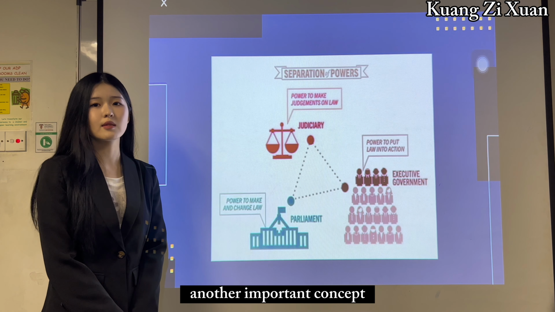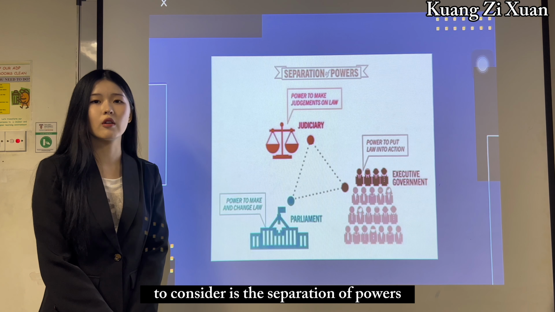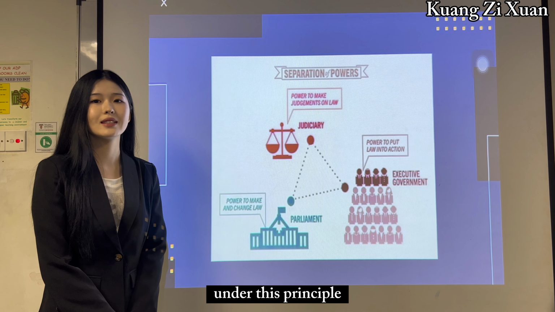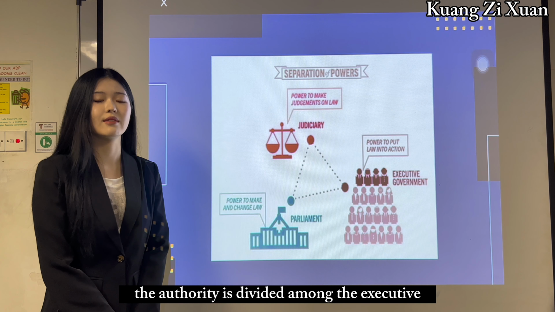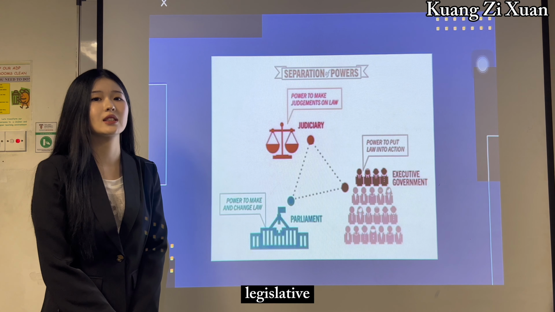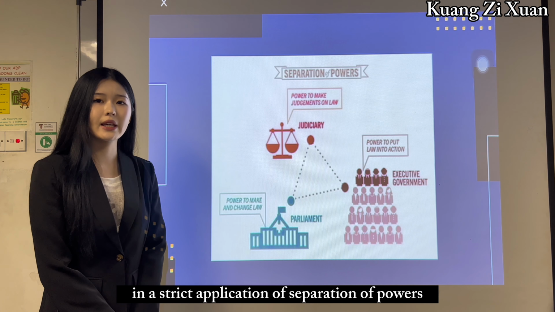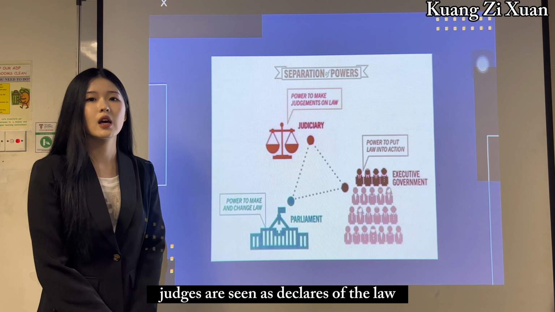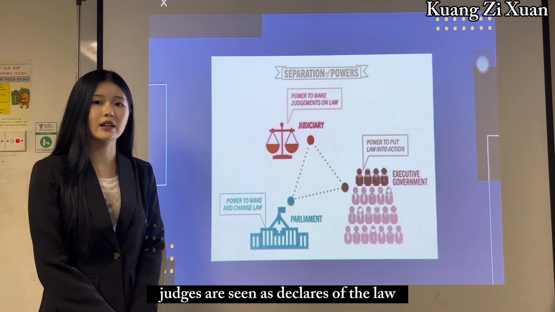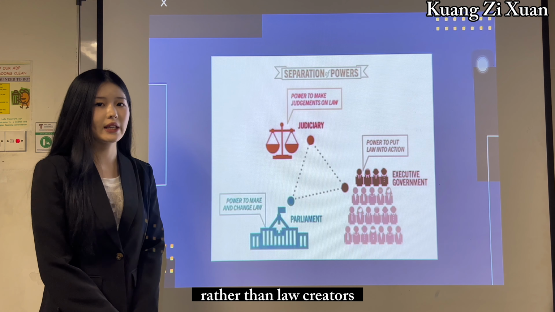Another important concept to consider is the separation of powers. Under this principle, the authority is divided among the executive, legislative, and the judicial branches of government. In a strict application of separation of powers, judges are seen as declarers of the law rather than law creators.